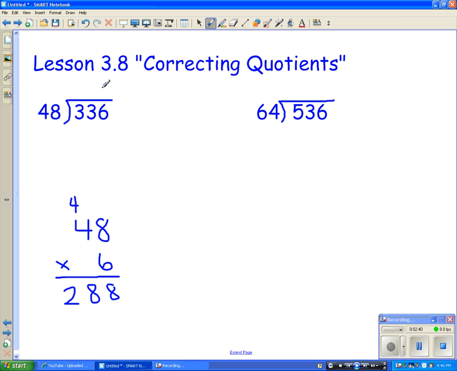So I know that now 6 didn't work. I'm going to try one more because I know what I had left over was 48. So now if I do 7 times 48, 8 times 7 is 56, put down my 6, carry my 5.